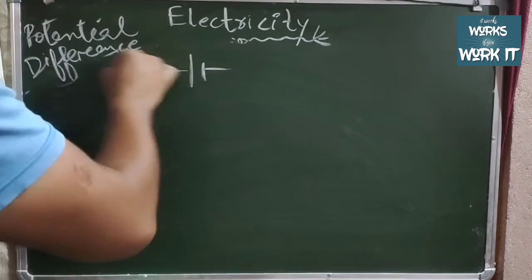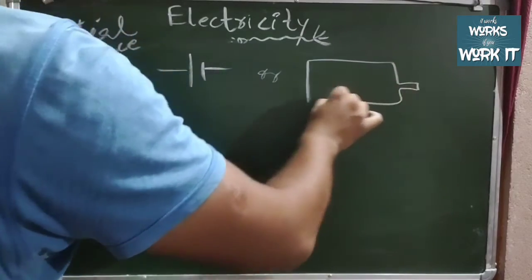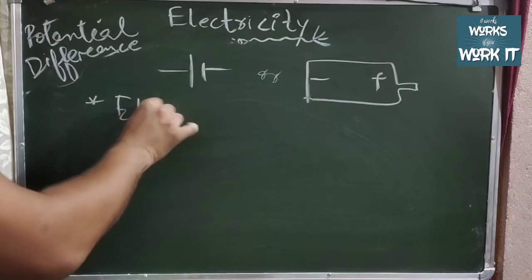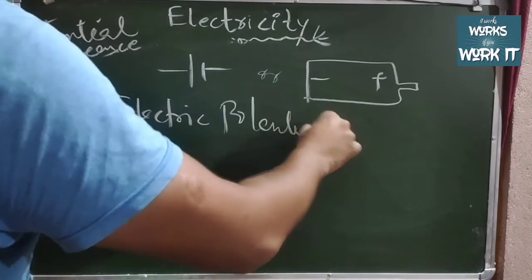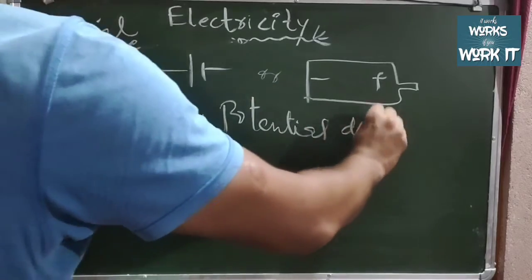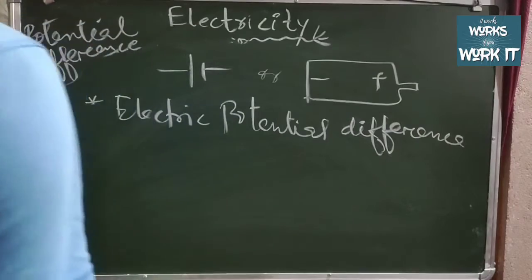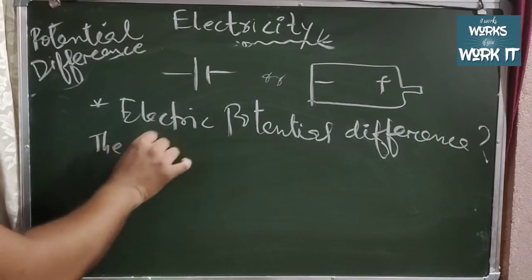And this is our next topic. Generally, potential difference occurs due to the presence of cells or batteries. Now we will understand the definition of electric potential difference, the second topic of the chapter.